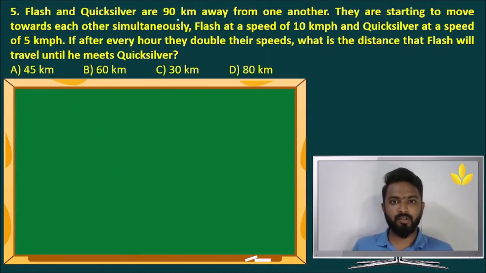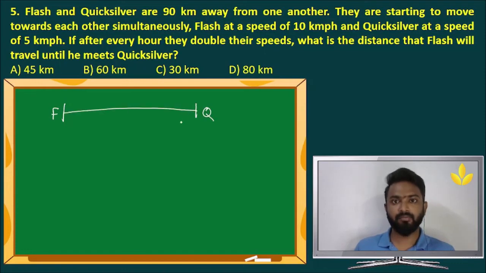Flash and Quicksilver are 90 kilometers away from one another. They are starting to move towards each other simultaneously. So we have Flash over here, Quicksilver over here. They both are 90 kilometers away. Now Flash at a speed of 10 km per hour and Quicksilver at a speed of 5 km per hour.